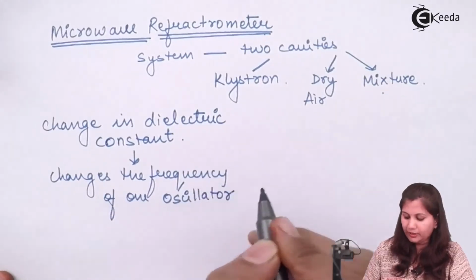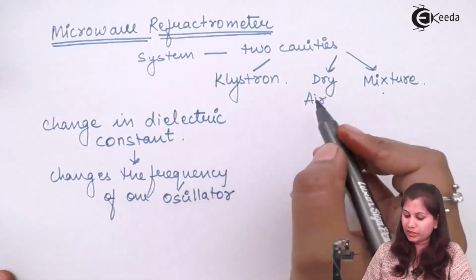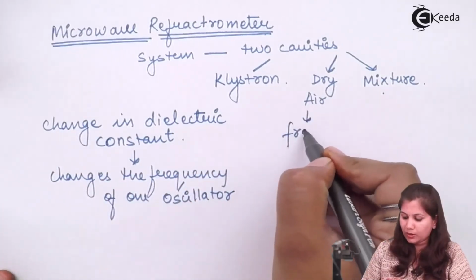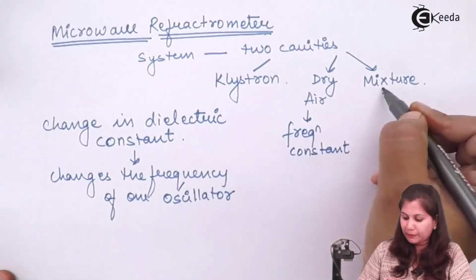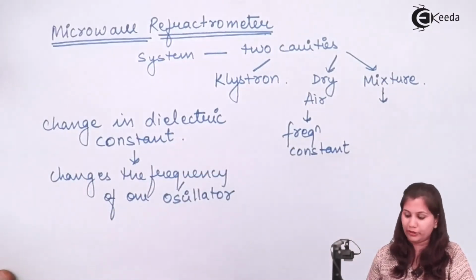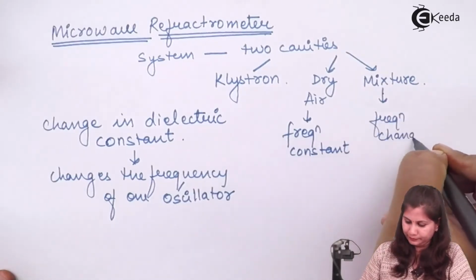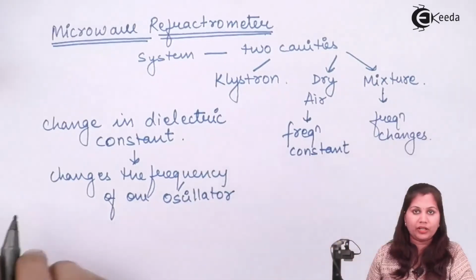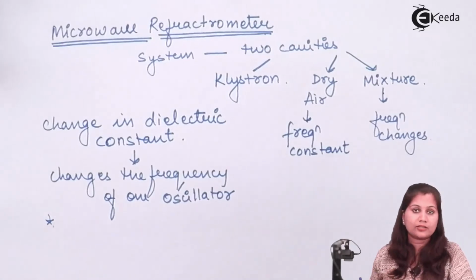Because in dry air no water content is present, there is no change in dielectric constant, so its frequency is going to be constant. Whereas in the mixture, because water vapors are present, there is a change in dielectric constant, so its frequency is also going to change. This change in frequency can be measured electronically, and it is the measure of the relative humidity of the mixture.